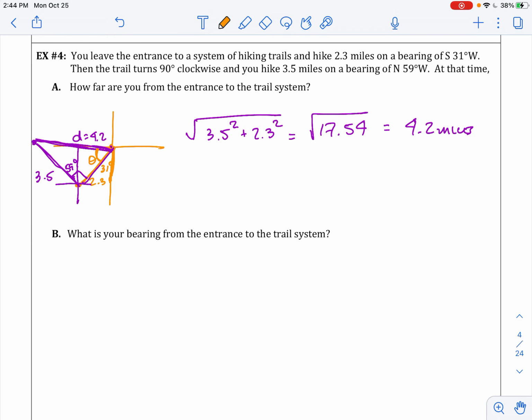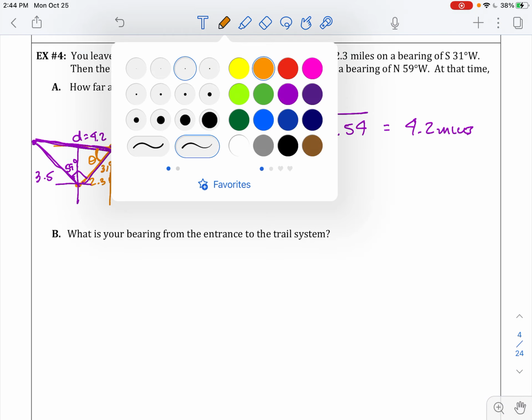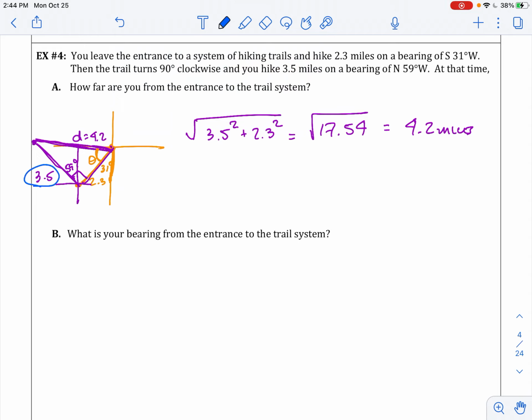So I'm going to use tangent again, because what did I start off with, if you remember? I started off with the 3.5 and the 2.3. So what is that again? That would be tangent inverse of opposite over adjacent, right? And if I did that, that would give me some version of 56.69 degrees.